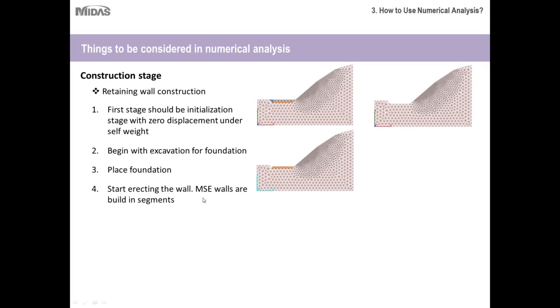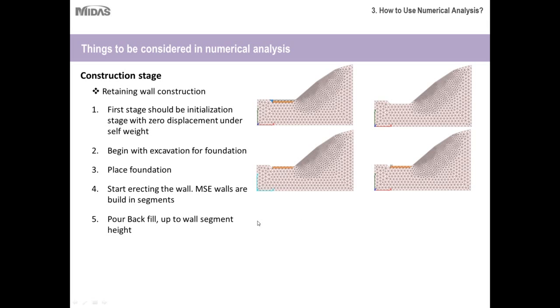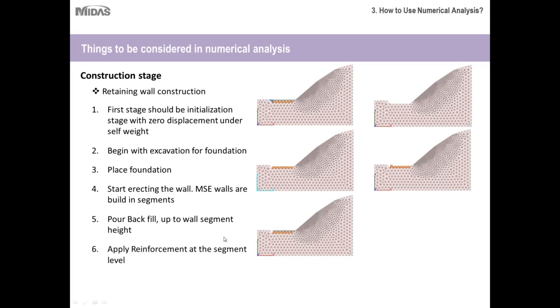And then you'll start erecting the MSE wall, or any kind of wall if it is constructed in segments. You can see a tiny block placed here. Then you'll pour the backfill up to the height of the segment. So you'll have this backfill material placed, and then you'll apply the reinforcement on top of this backfill to hold the next segment in place. So you'll have this kind of reinforcement laid down.